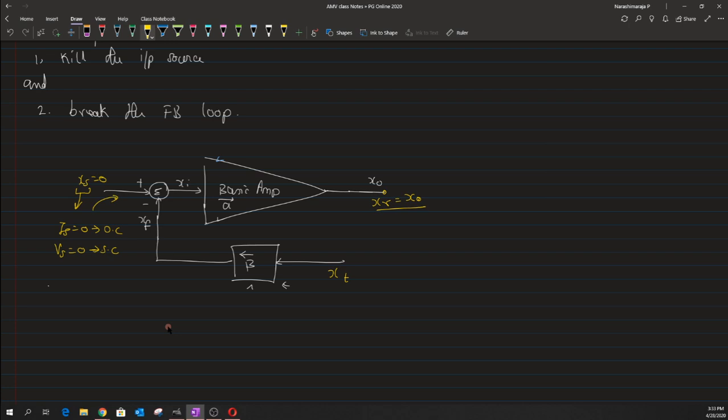So, let me write this output of this feedback network signal xf in terms of xt, as beta times that of xt, and let me write the input signal to this basic amplifier xi as the summation of xs and xf. Okay. So, due to which I could write it as xs minus xf, right.